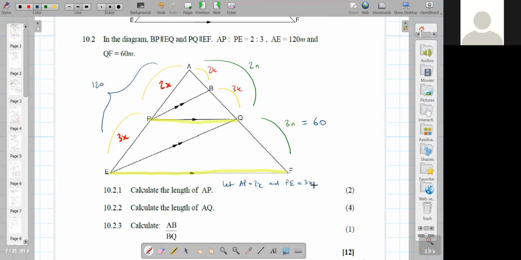So 5x is equal to 120, because 120 is given. What is the value of x? 120 over 5 is 24. So if x is 24, what is AP? 2 times 24 gives me 48. AP is going to be 48 meters.